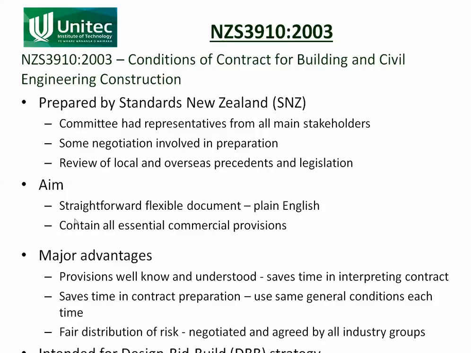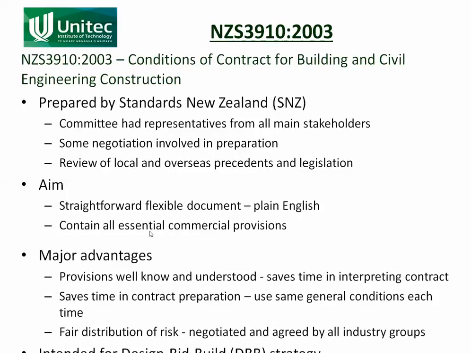It provides a straightforward, flexible document. It is written in plain English so that it can be understood. Previous versions were written in lawyer talk, so there were big long sentences with herewithals and whereins, and very hard to read unless you had a law degree. So this is written so that everyone can read it, although the language is still quite difficult.